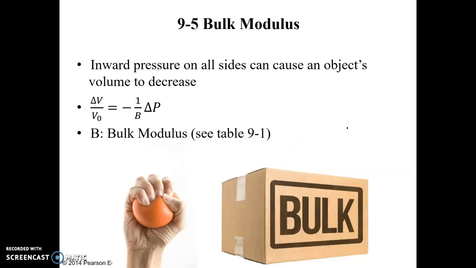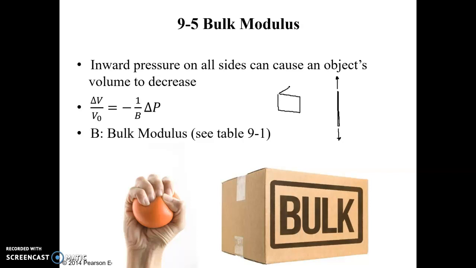Another thing that can happen, we've been talking about mostly linear type objects like that piano wire, that we apply a force to, a tensile force, and it stretches out, it elongates. Okay, and one of the things that determines how much it elongates is its modulus of elasticity. But what if we're talking about a three-dimensional volume?